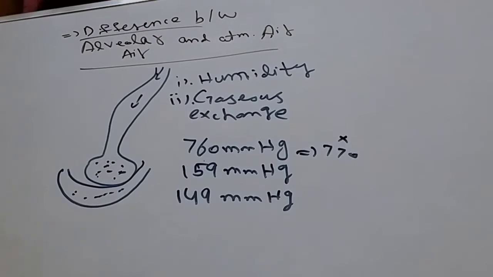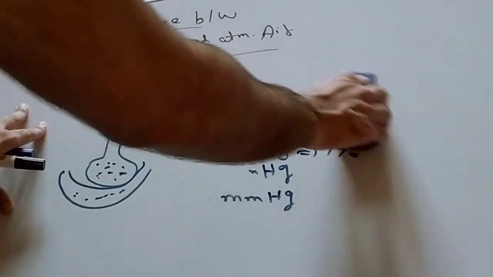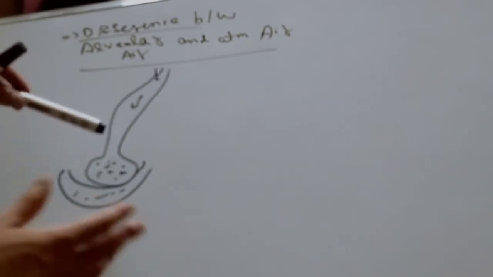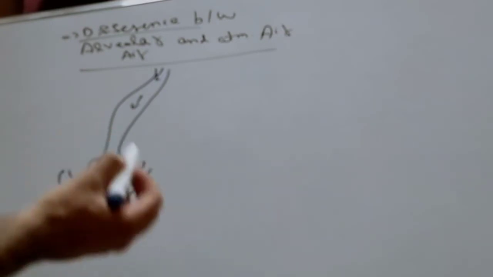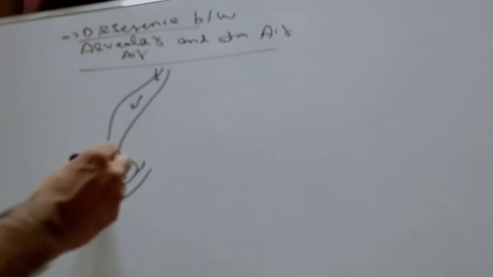Now talking about the mechanism of the exchange of gases between the alveoli and the atmosphere. Not all the air present in the alveoli gets exchanged at one time with the atmospheric air coming from outside, but the gas exchange occurs interval by interval. So at one breath this amount of air would be exchanged by the atmospheric air, then after the second breath this amount of air would be exchanged, and so on.